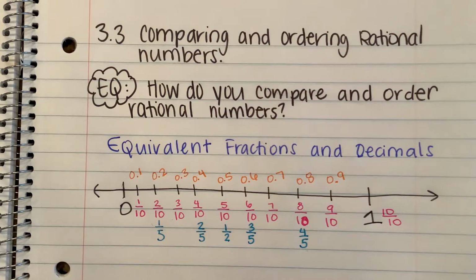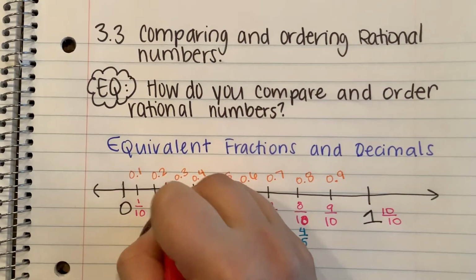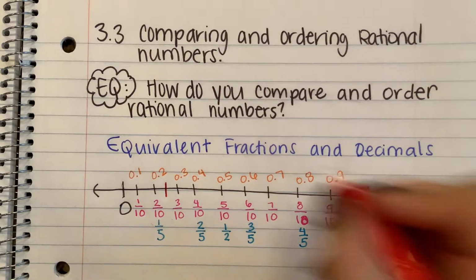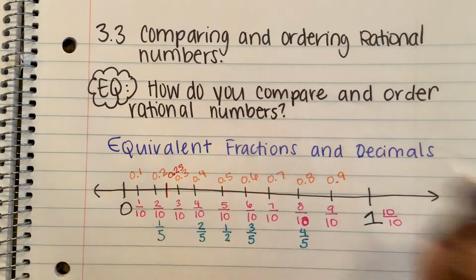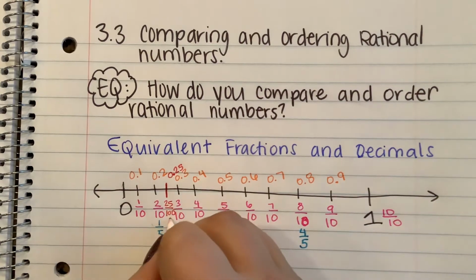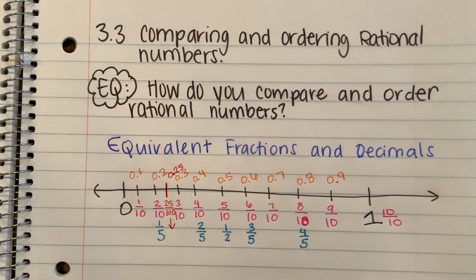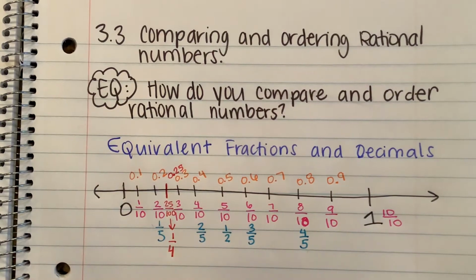we would have 1/4. And I'm going to make a red line right there. So 1/4 is the decimal 0.25, which gives us the fraction 25/100. If we reduce that 25/100 down, we would get 1/4.